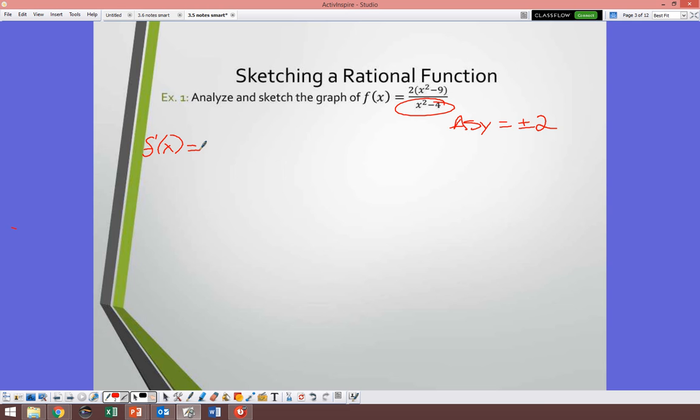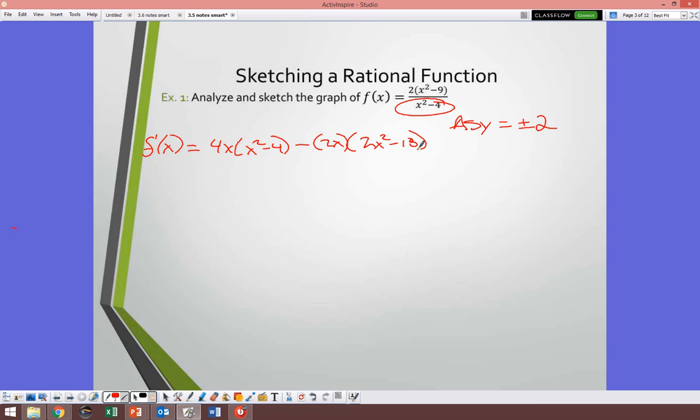So f prime of x. Starting off with the top, we have the quotient rule. We have 4x times x squared minus 4, minus 2x times 2x squared minus 18.